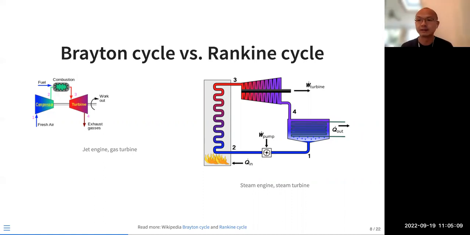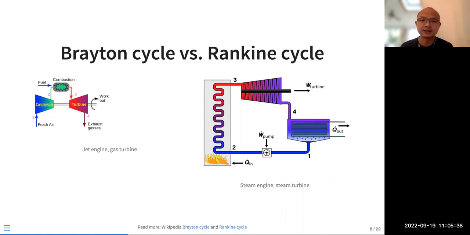The engine basically compresses the air, and the fuel flows through the turbine, and the high pressure heated air drives the turbine, which flies the airplane, right? There's no steam involved.